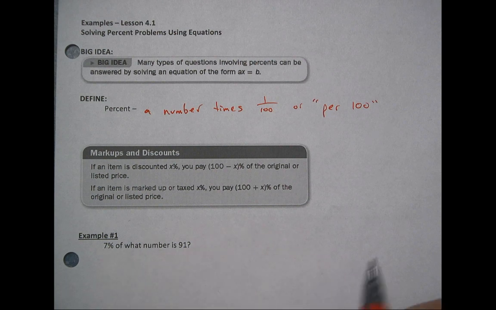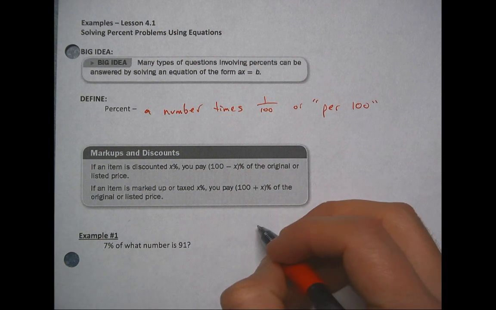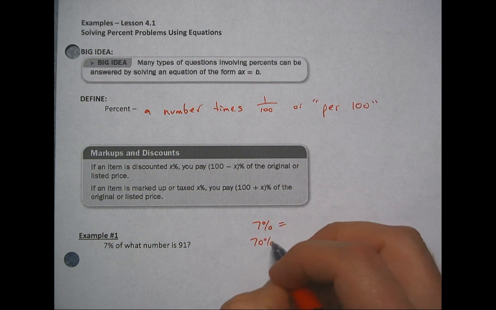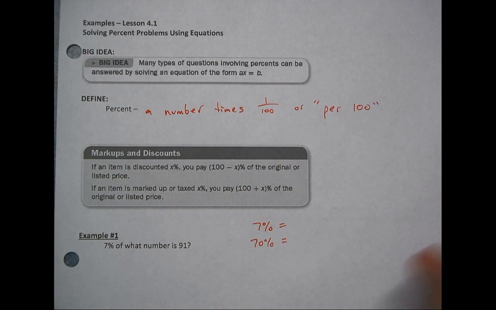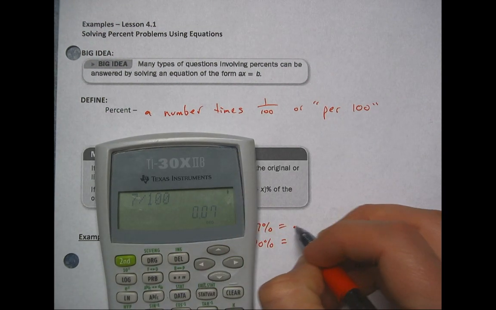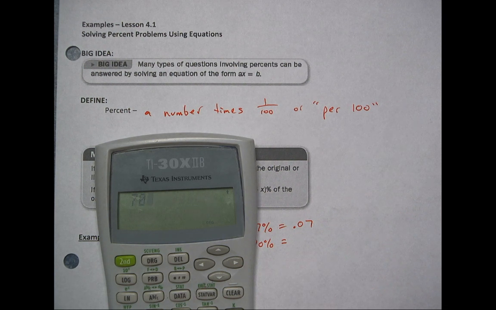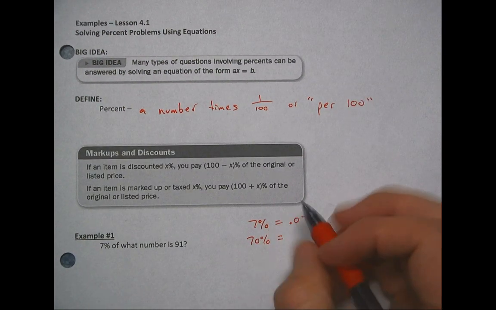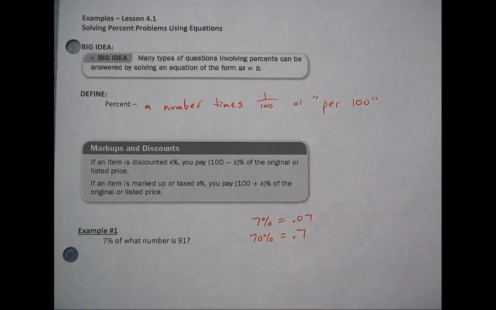So the first thing we want to make sure of is that 7% and 70% look different when we turn them into decimals. You can go ahead and divide them in your calculator by 100 because we're comparing to 100. So 7 divided by 100 is 0.07, and 70 divided by 100 is 0.7.